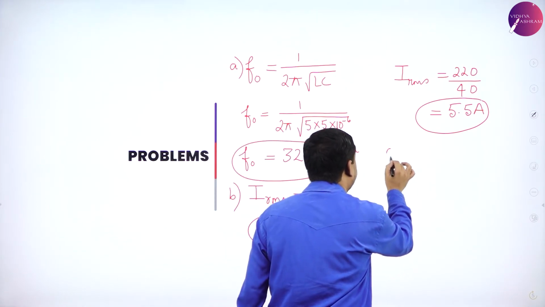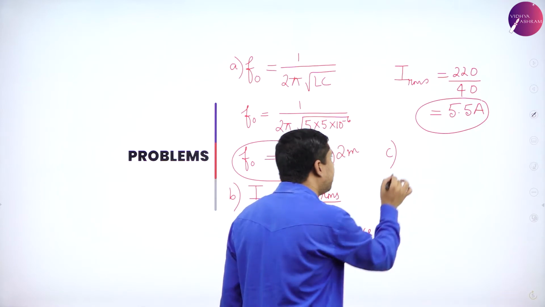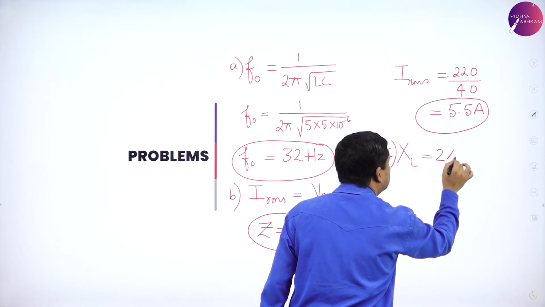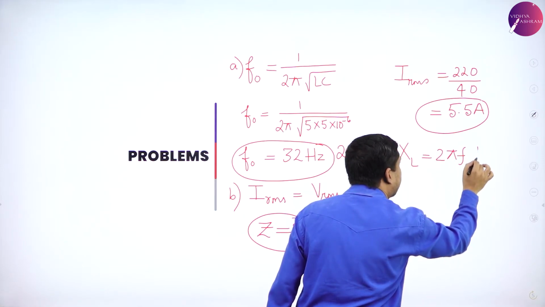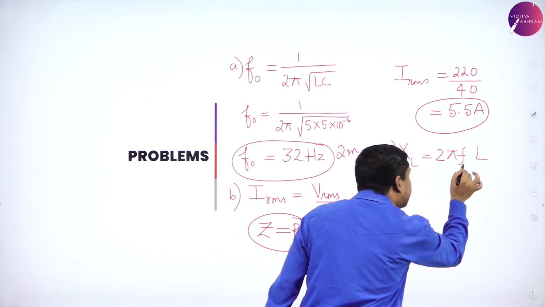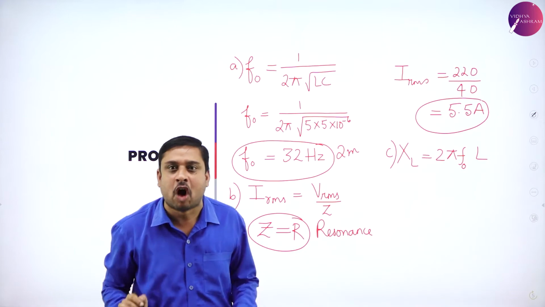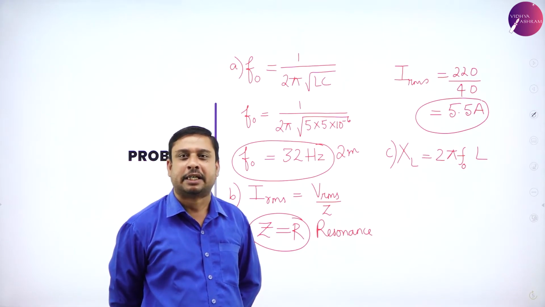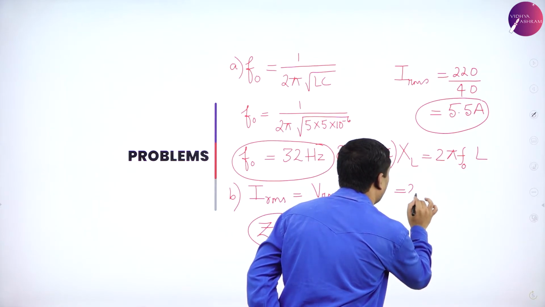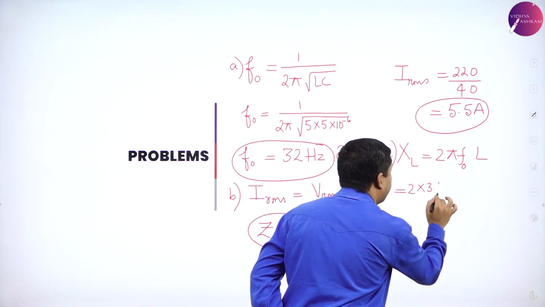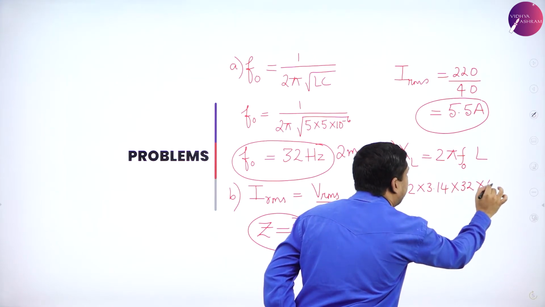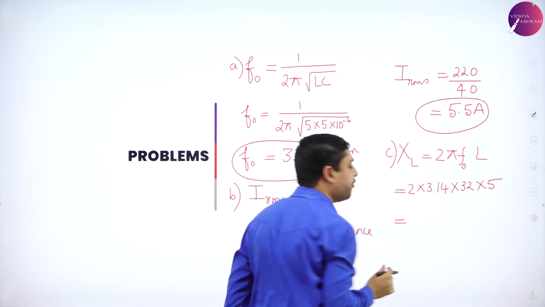And finally, inductive reactance XL is 2 pi FL. Now, this F takes out to be F naught because the circuit is in resonance. So 2 into 3.14 into 32 into L is 5.